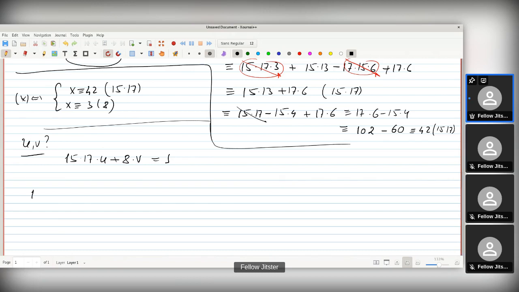After all, what is 15 multiplied by 17? It is 15 squared plus what? 30. But 15 squared is what? Do you agree? Yeah.